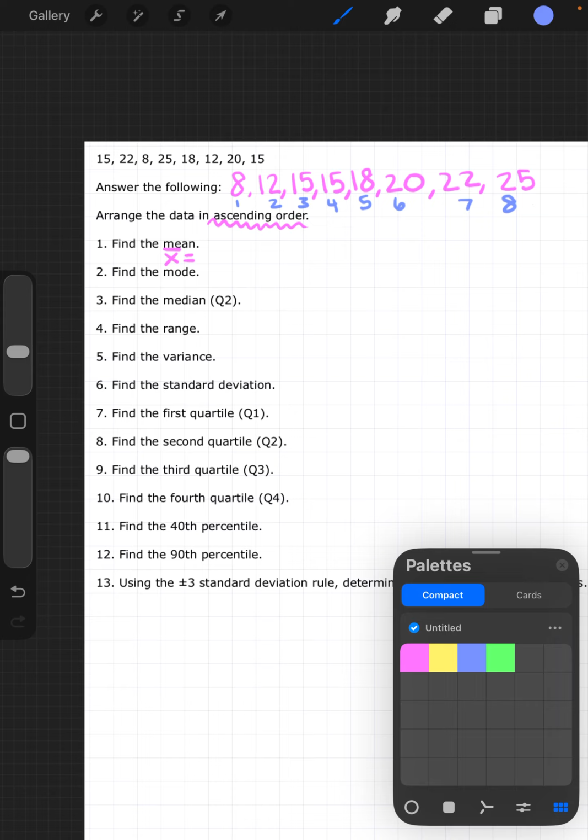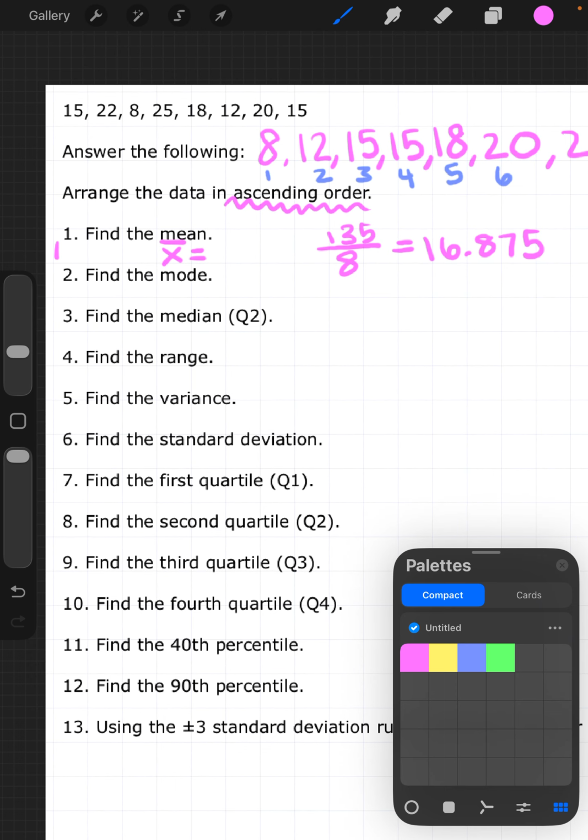So our n is equal to 8. X bar is 16.875, and I'll just put that right here, 16.875.